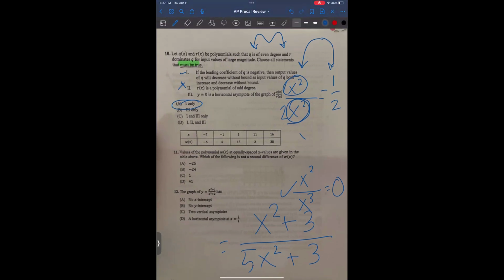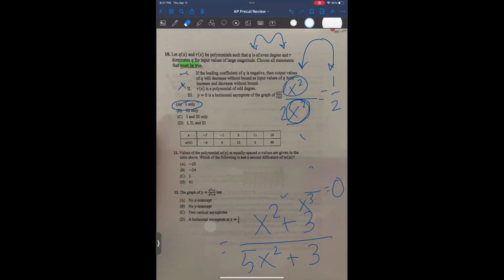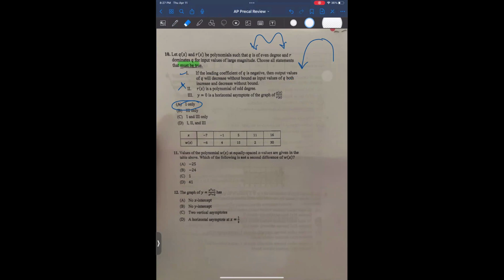So how do I do second differences? You subtract it twice. So how do I go from -6 to 4? Add 10.